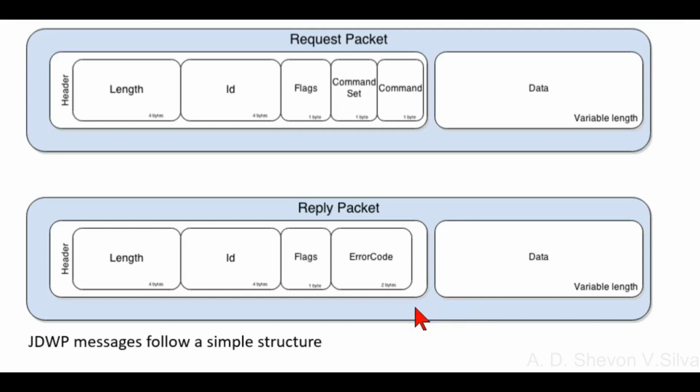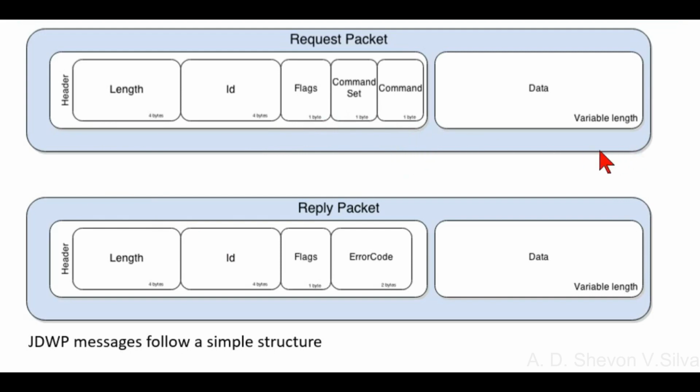The layout of each packet looks like this. Command packet header: length 4 bytes, ID 4 bytes, flags 1 byte, command set 1 byte, command 1 byte. Data is of variable length.